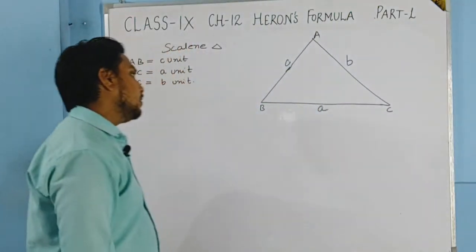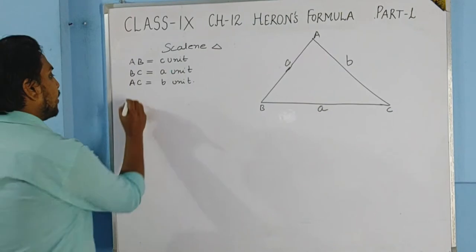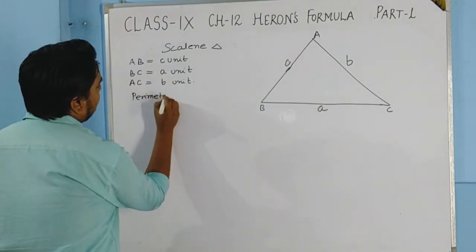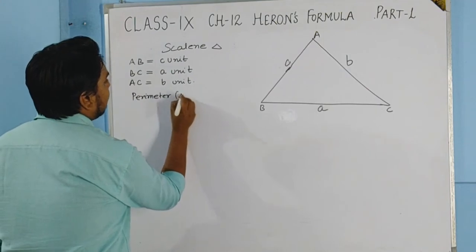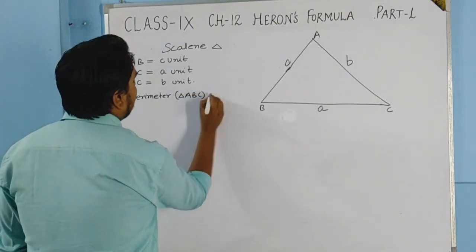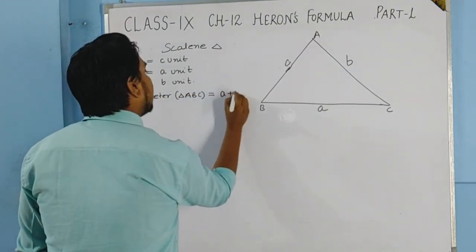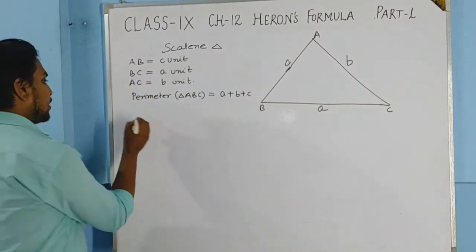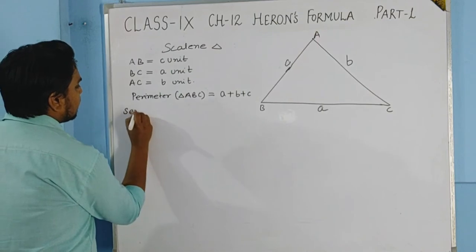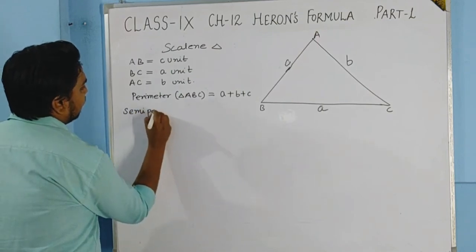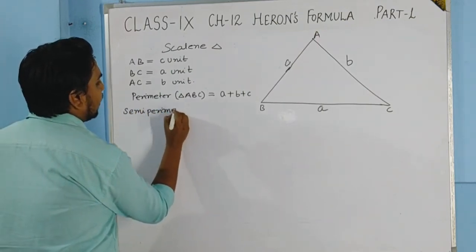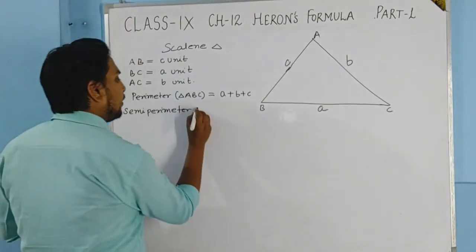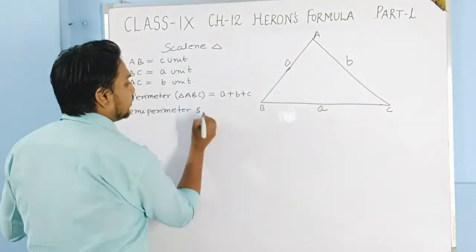How can we find it, students? We know very well what the perimeter of triangle ABC is. The perimeter of the triangle is a plus b plus c. But students, here we will find the semi perimeter, and we denote the semi perimeter as s.